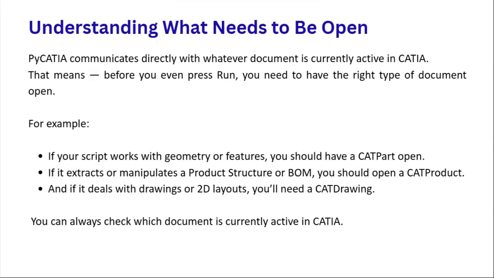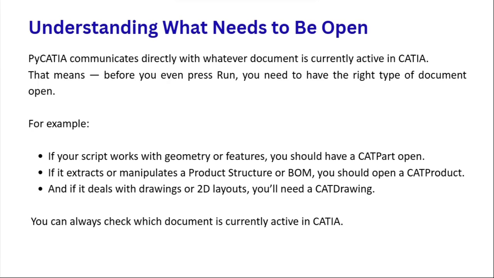PyCATIA communicates directly with whatever document is currently active in CATIA. That means before you even press run, you need to have the right type of document open. For example, if your script works with geometry or features, you should have a CATPart open.